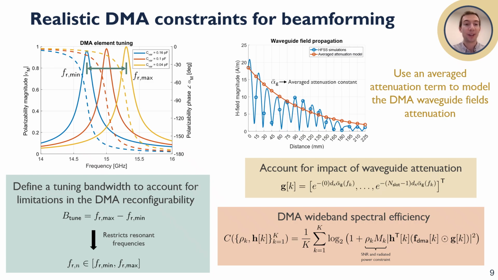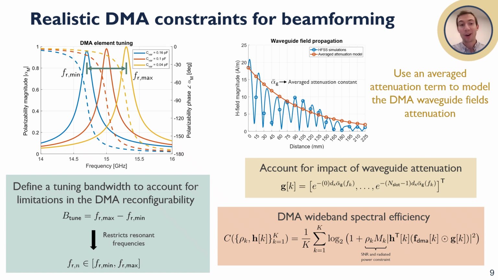Now, in addition to the system model and the magnetic polarizability, we also want to introduce some other realistic DMA constraints that have not really been mentioned or incorporated in prior work. First, when you design a physical DMA element and incorporate a varactor diode into it, there's going to be some limit to where you can tune the upper and lower resonant frequencies. So there's going to be some FR min and some FR max depending on the DMA geometry and the varactor diode that you choose.